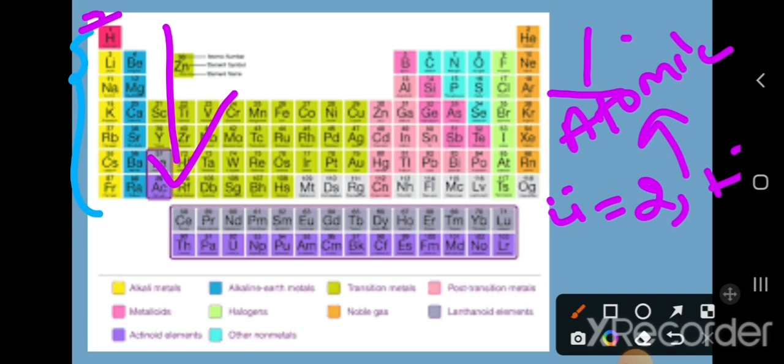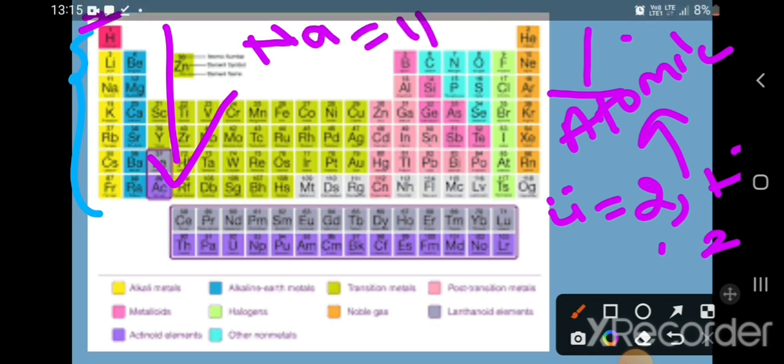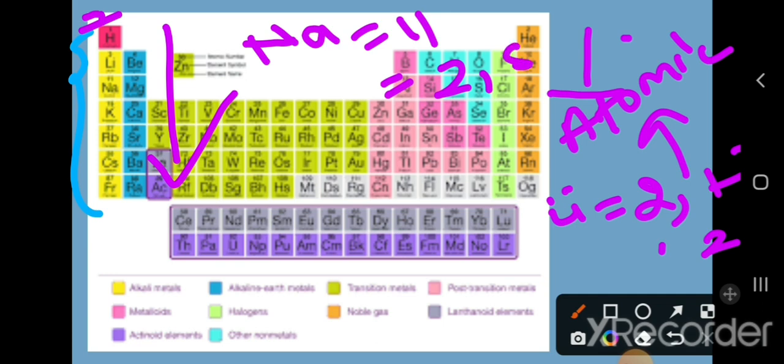The number of shells is how many shells are involved to fill those electrons. So we have 1 and 2, so the number of shells is 2. For sodium, the atomic number is 11, the configuration will be 2, 8, 1, so the number of shells will be 3.